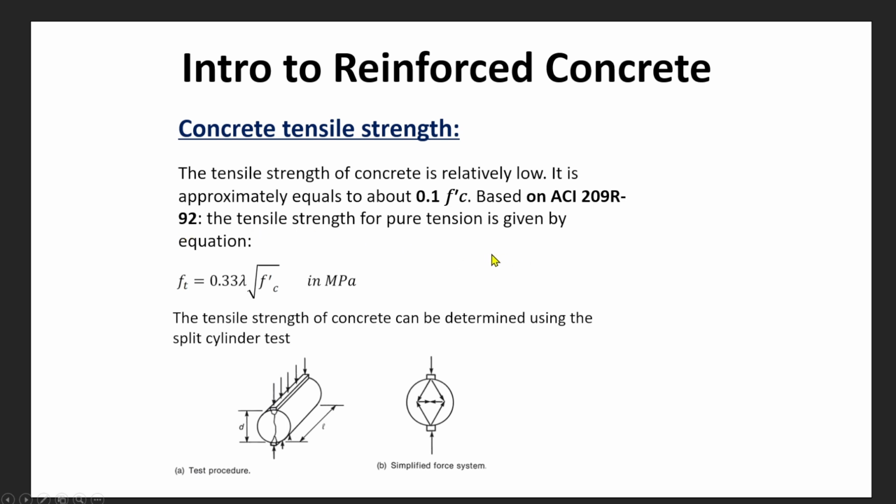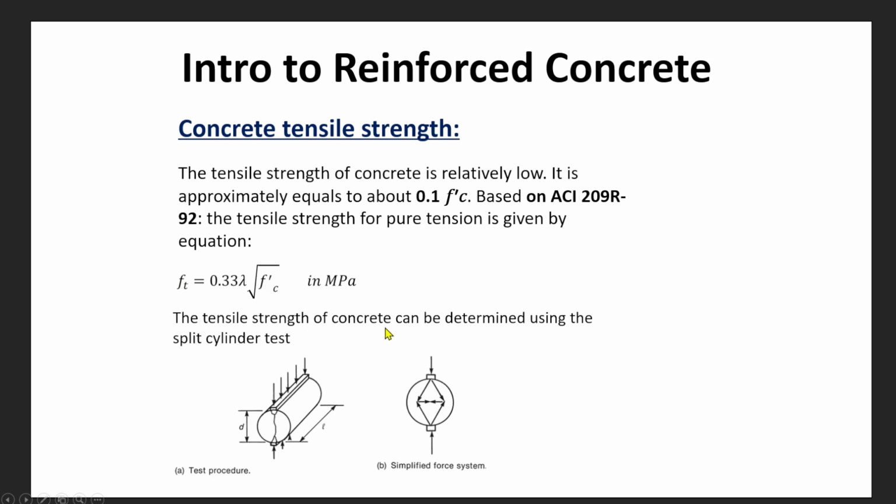The tensile strength for pure tension is given by this equation: Ft, T for tension, and F for stress or capacity, is 0.33 lambda square root of FC prime. By the way, lambda is just related to the type of concrete, and if it is normal, not lightweight concrete, it is equal to 1, just a factor. So Ft in this case is equal to 0.33 square root of FC prime.